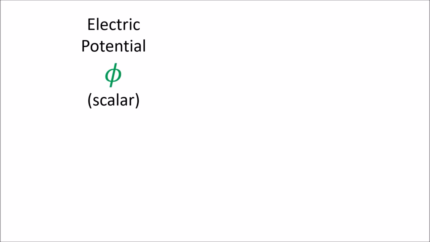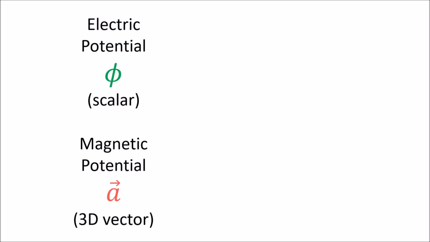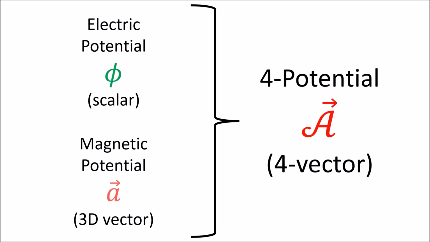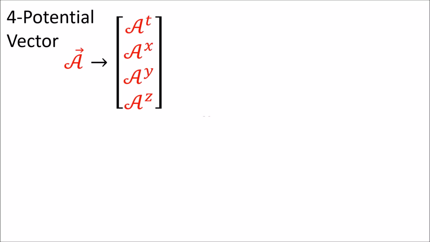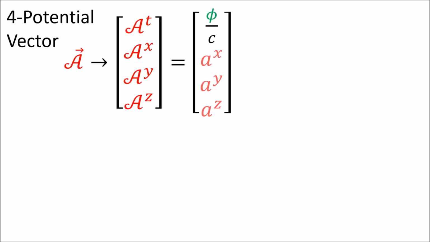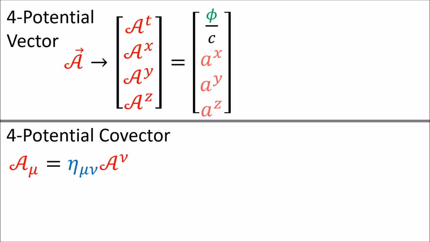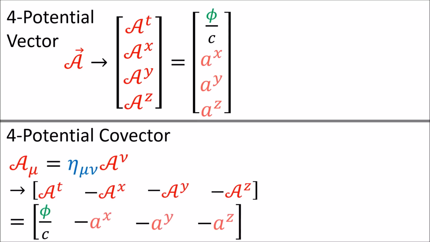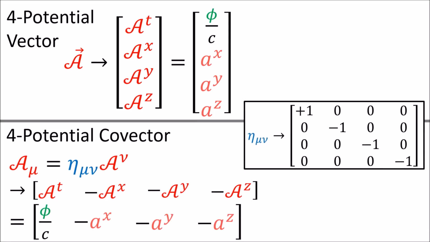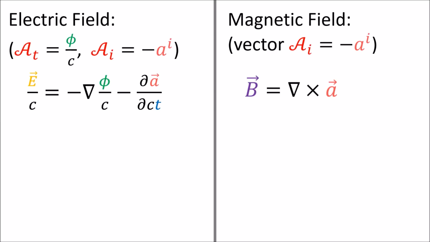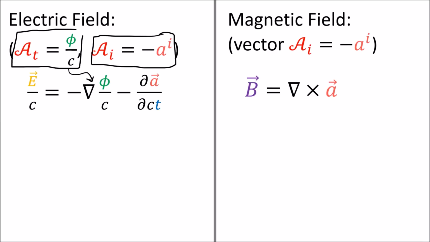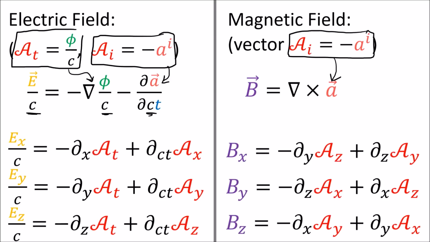Now, it's possible to take the scalar electric potential and the 3D magnetic vector potential and combine them into a 4-vector potential, curly A. This is how we write potentials in special relativity. We can also write a 4 covector potential as a row, with the components lowered with the metric. We can then rewrite these 6 equations using the 4 potential, if we include some factors of c.